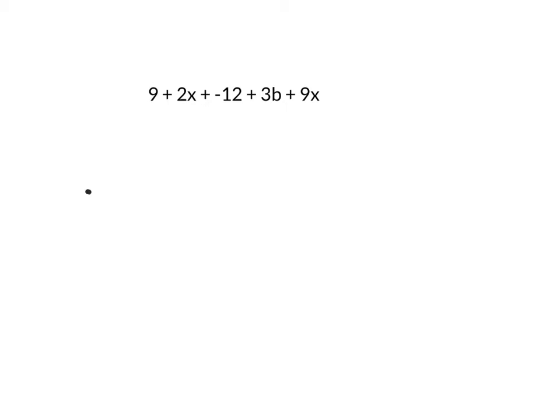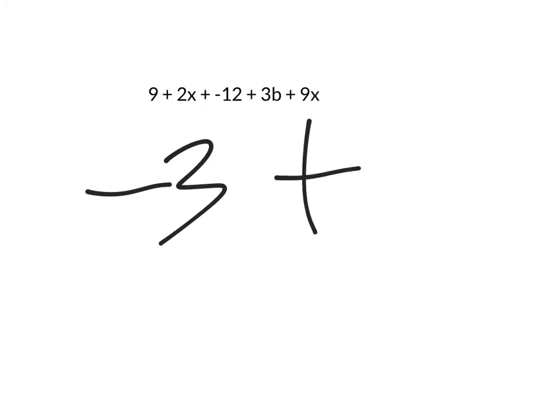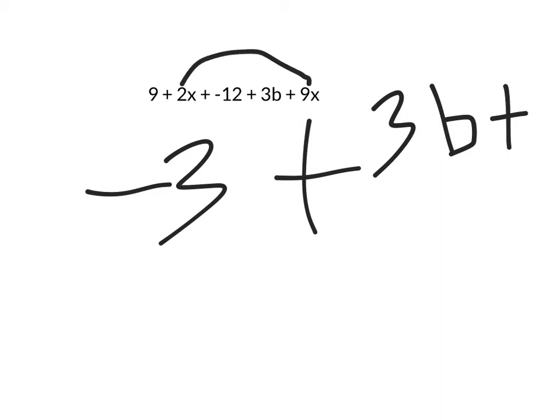So we have our -3 plus, and the next thing I see is 3b, and there's no other like term, so just 3b plus, we have the x's, which is 9x, and 2x, which is 11x. So your answer is -3 plus 3b plus 11x.